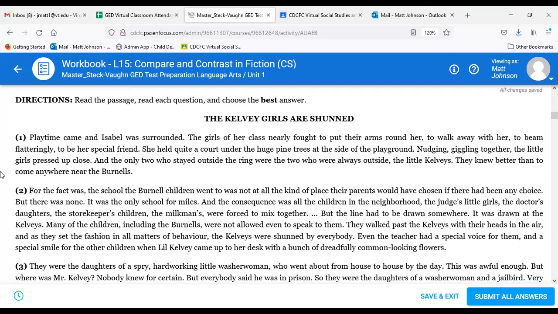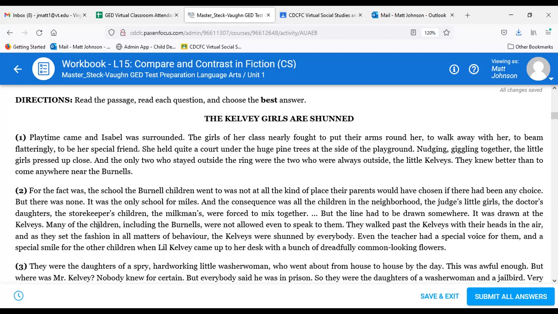For the fact was the school the Burnell children went to was not at all the kind of place their parents would have chosen if there had been any choice, but there was none.